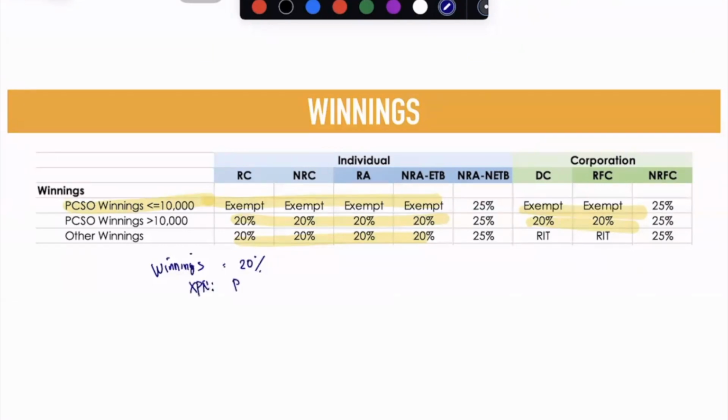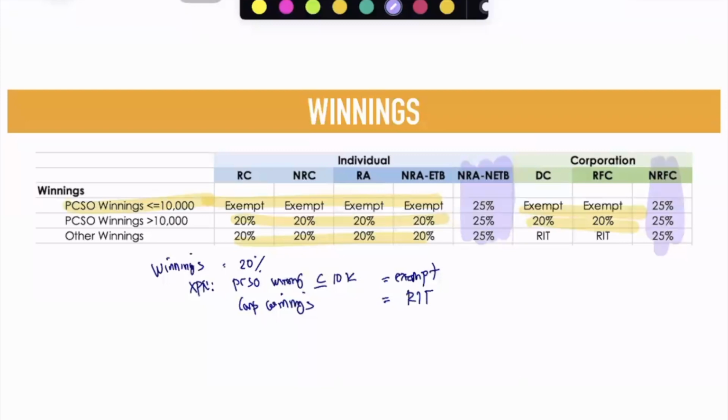For PCSO winnings, less than or equal to 10,000, it is considered exempt. And for corporate winnings, it is subject to regular income tax. And as a rule again, NRA and ETB and NRFC at 25%.